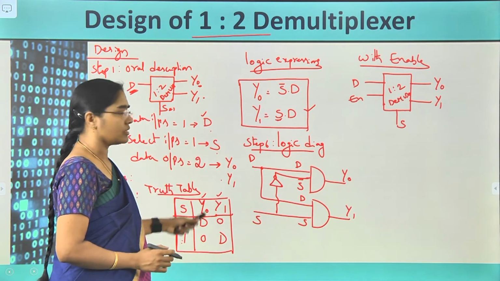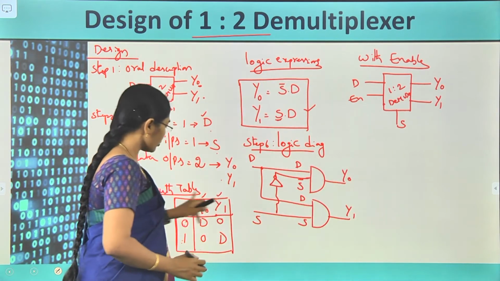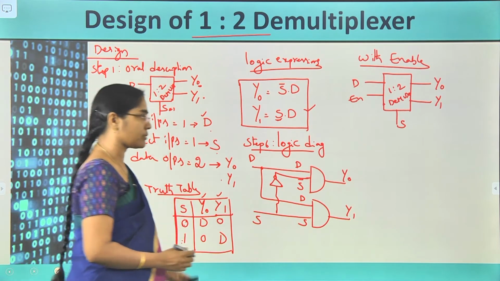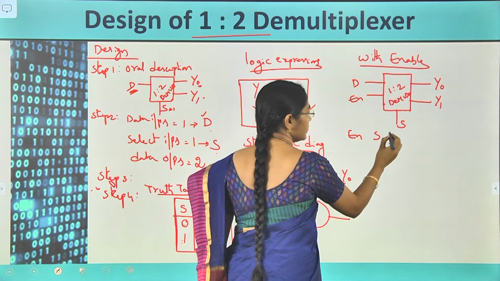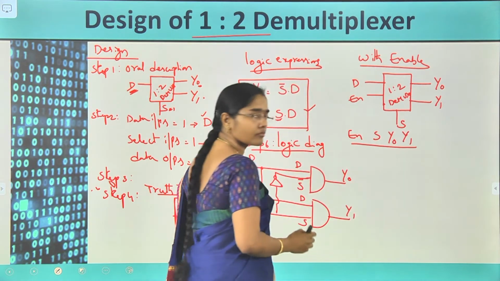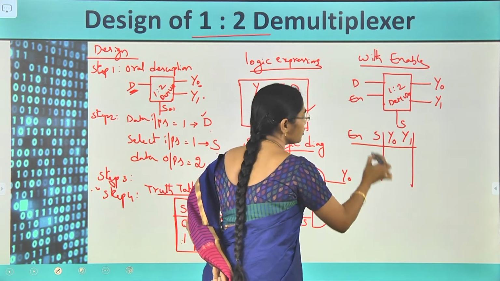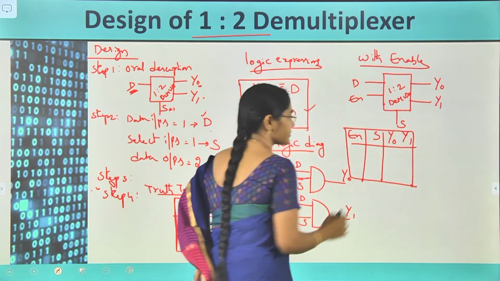Then what is the truth table representation? In the truth table, along with this, one more column is going to come, that is enable. So enable signal, select signal, output signals y0 and y1. This enable signal is used to enable our demultiplexer.